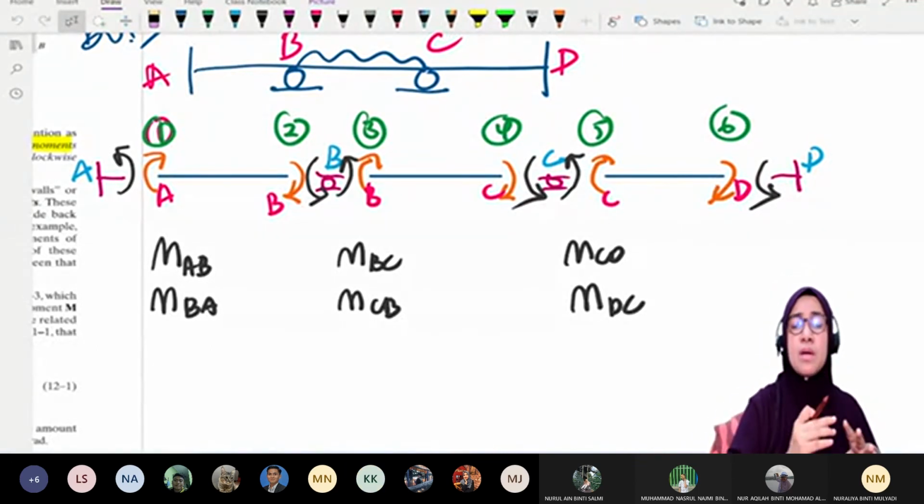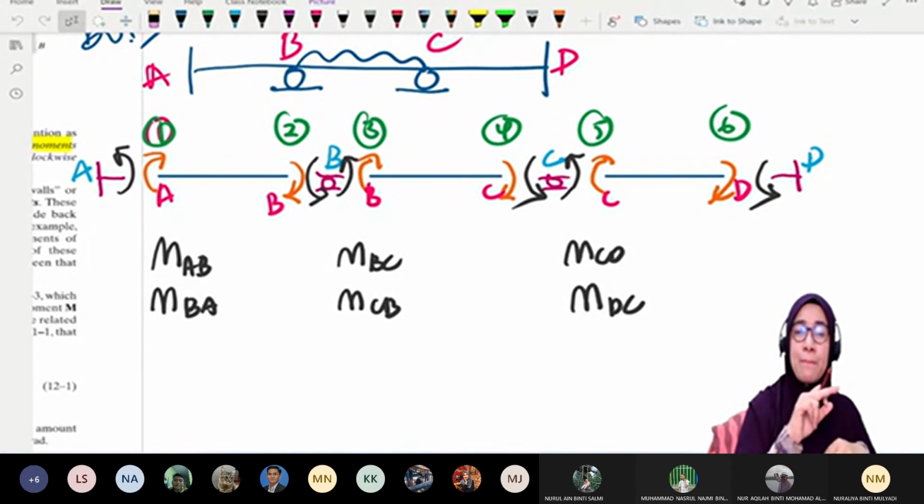Okay, the sign convention I mentioned earlier, clockwise positive, is referring to the member end moment. It means the orange color here, the orange is the sign convention mentioned just now. It means each member at the beginning we assume clockwise.